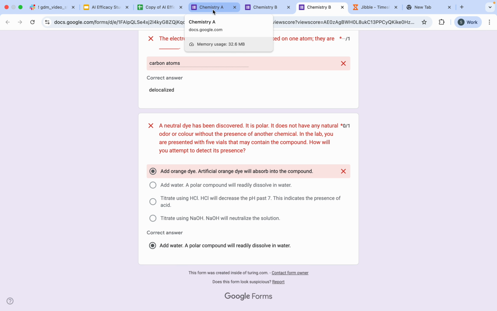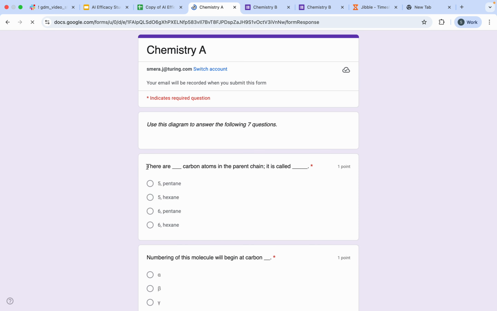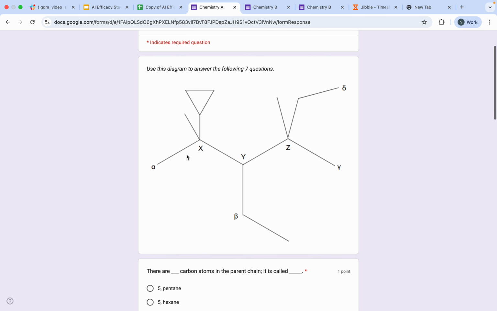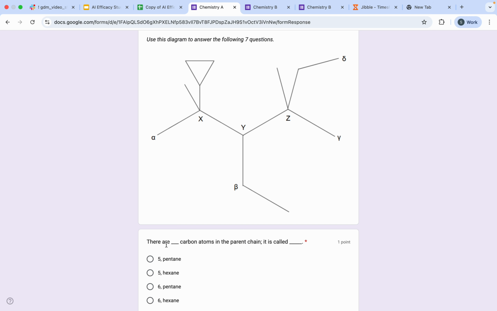Okay, now let us move on to chemistry A. Use this diagram to answer the following questions. There are dash carbon atoms in the parent chain.